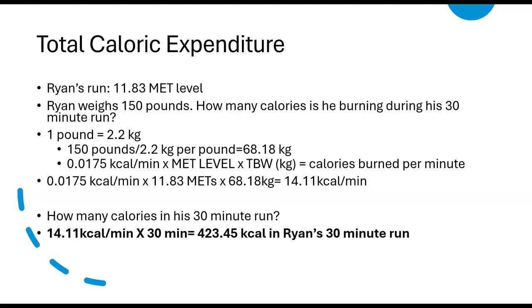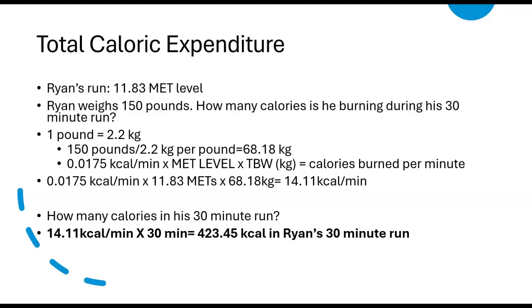Ryan's 30-minute run burned a heck of a lot more calories than, what was it, Betty was our example. Betty's 30-minute walk burned 130 calories, right? We would expect Ryan's run to burn more calories. Why? Well, it's a higher MET level, right? The higher the MET level, the higher the caloric expenditure. The higher the MET level, the higher the intensity that we are using.